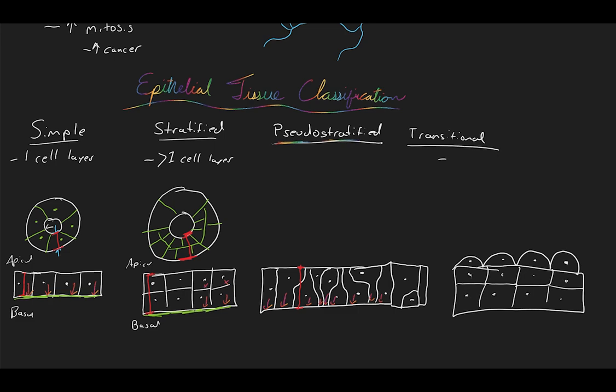So transitional epithelium, remember, can stretch. And when we look at the transitional epithelium, because it can stretch, when it's not stretched out, the lumen is always star-shaped. So that's going to be a key identifier to help us. But it looks stratified, and that apical cell layer is sort of dome-shaped.